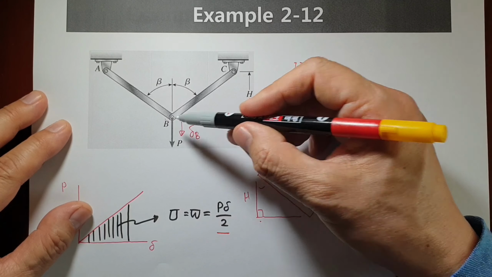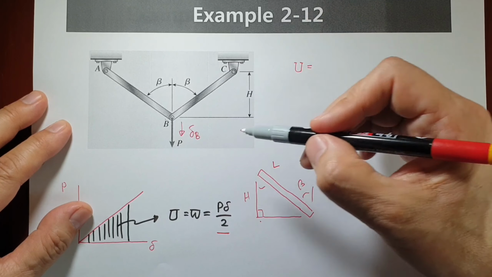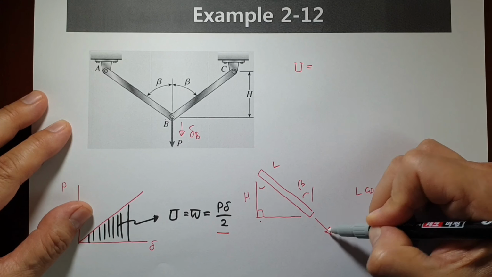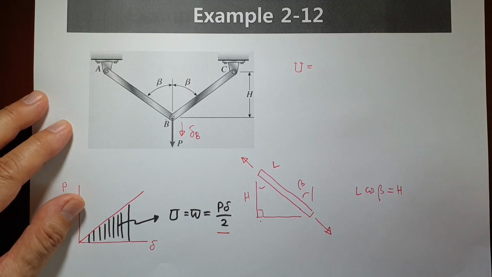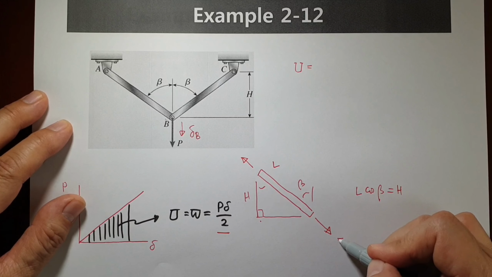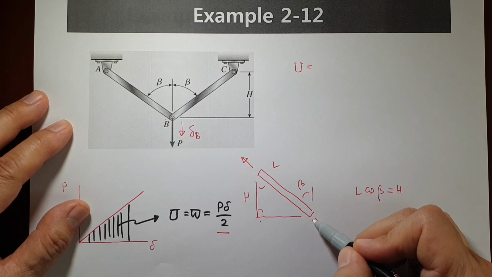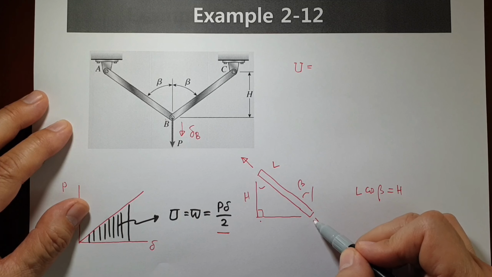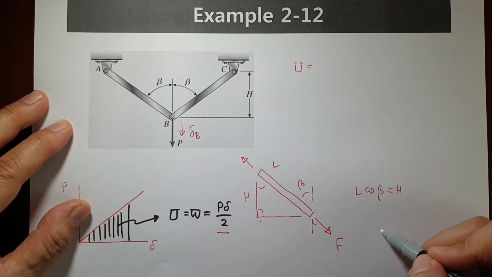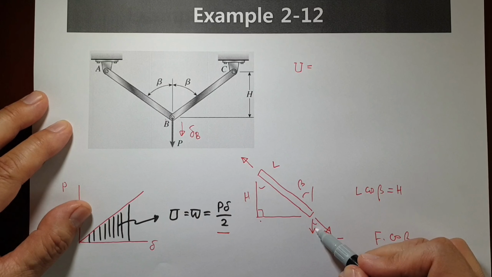If you have P value here, in this direction, we can separate like this one. Okay. This kind of force is acting like this one. Let's say F. And this one is beta, that's why F cosine beta in this direction.